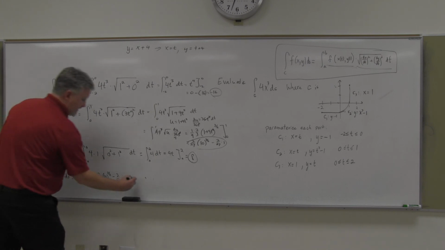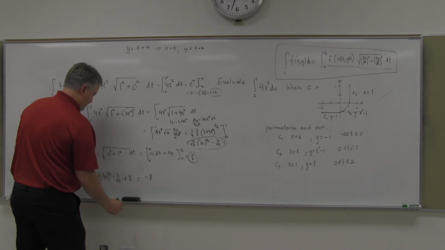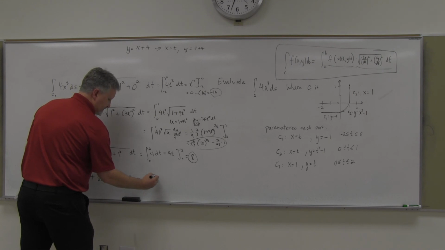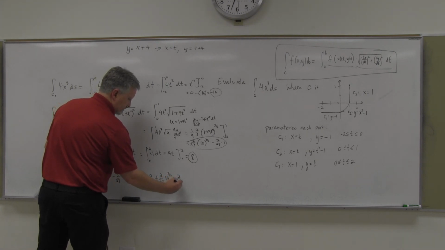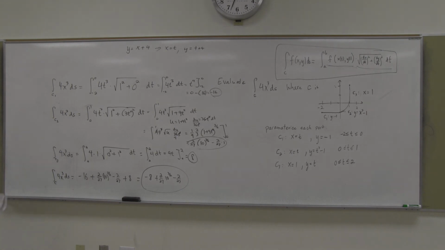At least combine the 8 and negative 16. I guess we throw in the minus 2/27 too, but something like this. I guess that'd be negative 8, 2/27. All right. Question or concern?